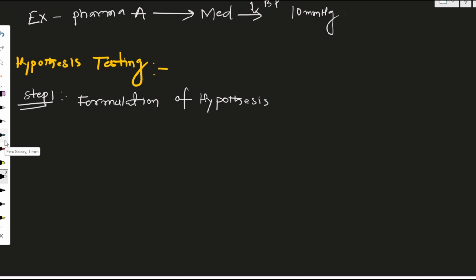So both the hypotheses we have to consider, the null hypothesis and the alternative hypothesis. The company is claiming that it is going to reduce the BP at least by 10 mmHg. So the null hypothesis will say that the reduction will be at least 10 mmHg. It could be more than that.